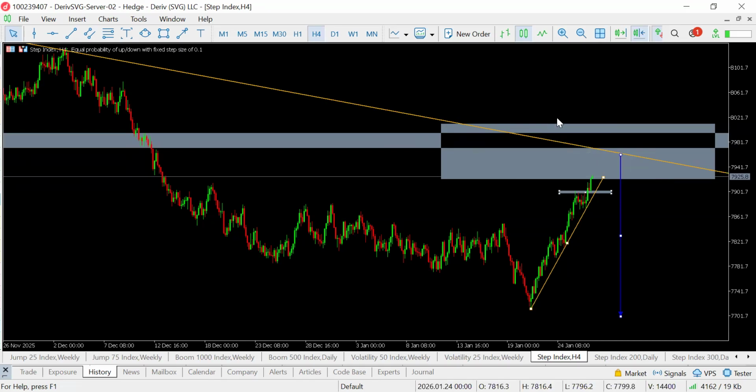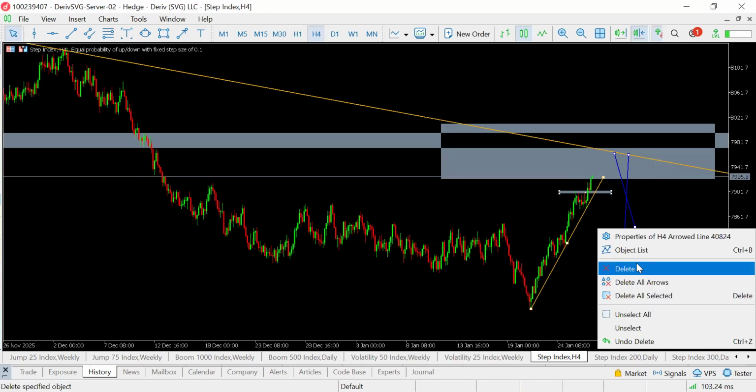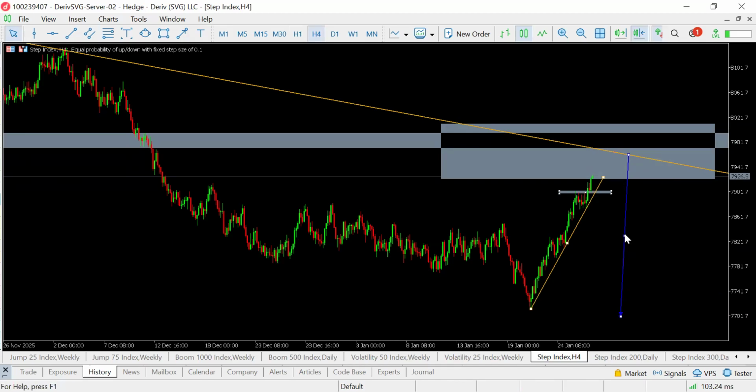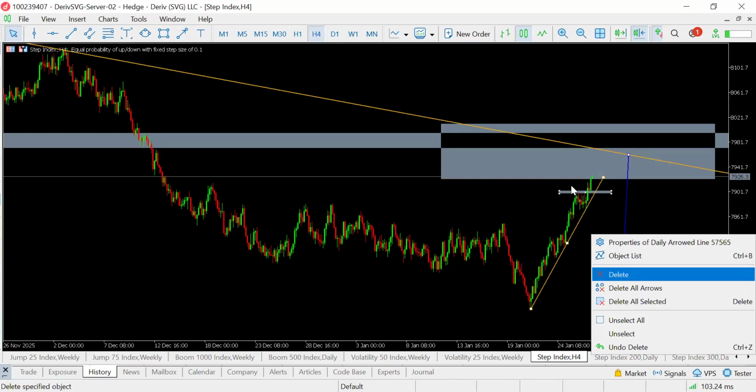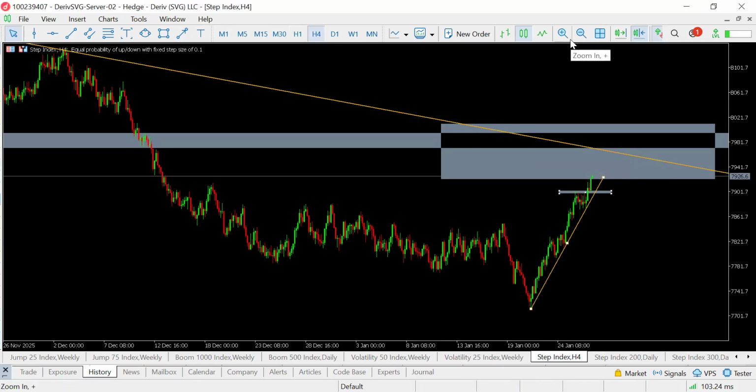All this put together would definitely give us a strong probability of price heading downwards again, because as we saw from the monthly time frame, the step index has been trending downwards for a very, very long time. So it wouldn't even make sense to start buying against a major trend.